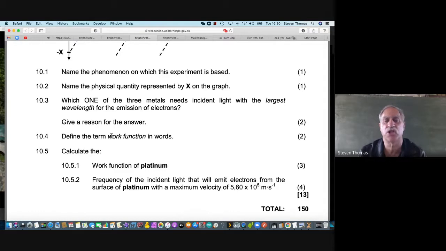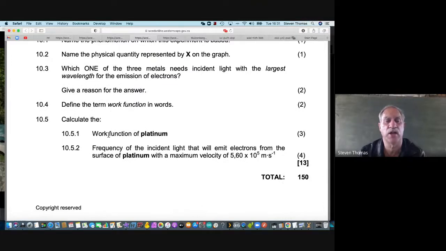Define the term work function in words. The work function is the minimum energy required to knock a photoelectron off the surface of the metal. Calculate the work function of platinum.